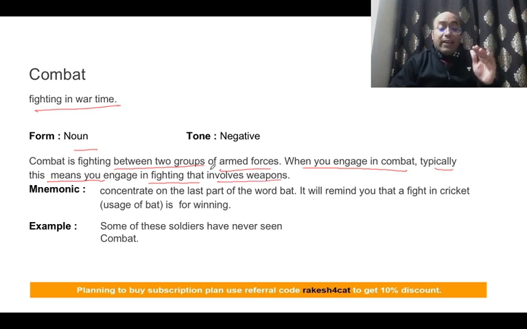Somebody who is a part of the armed forces is participating in a certain war combat. So we have here: some of these soldiers have never seen combat. So they were not part of a professional fight.